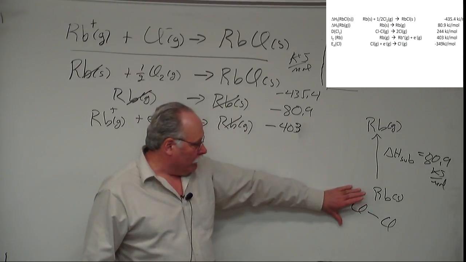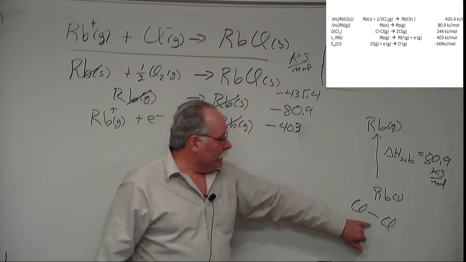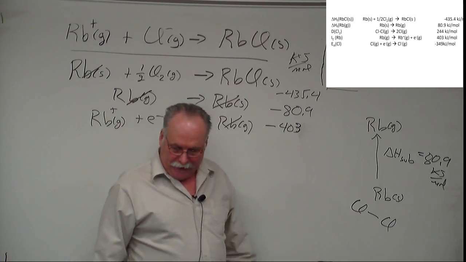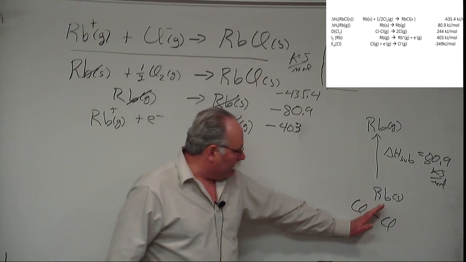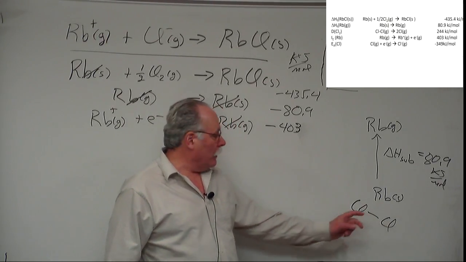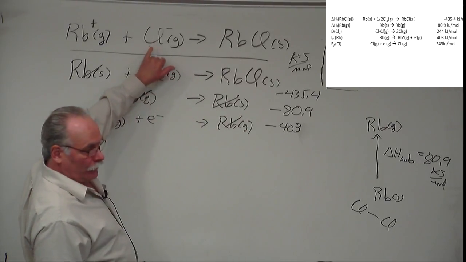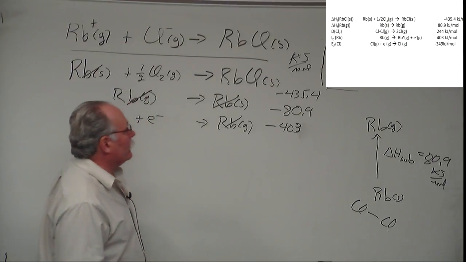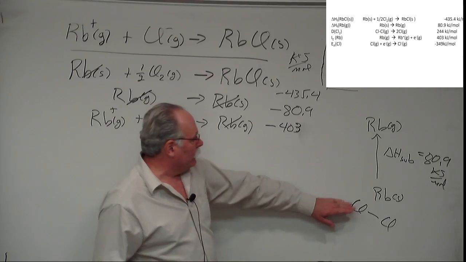If it was a more complex molecule, we'd have to draw the Lewis dot structure if we're going to use a bond dissociation energy, okay? So the bond dissociation energy for chlorine is 244 kilojoules. That means it takes 244 kilojoules to break this bond and convert Cl2 to 2 Cls, okay? But I don't want 2 Cls, I only want 1, so I'm going to use half that value, half of 244.